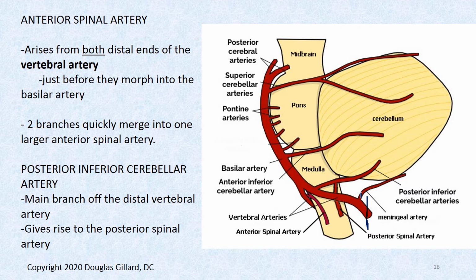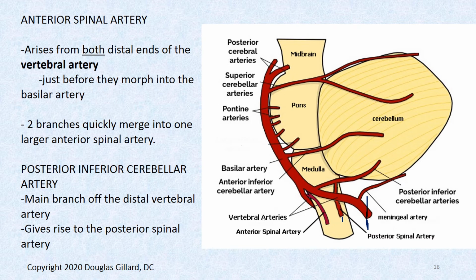So we have this meningeal artery coming off first. Then we have a bigger branch coming off here. That's the posterior inferior cerebellar artery. And then off of just the very end of the vertebral artery, there's a little wishbone right here that makes up the anterior spinal artery.